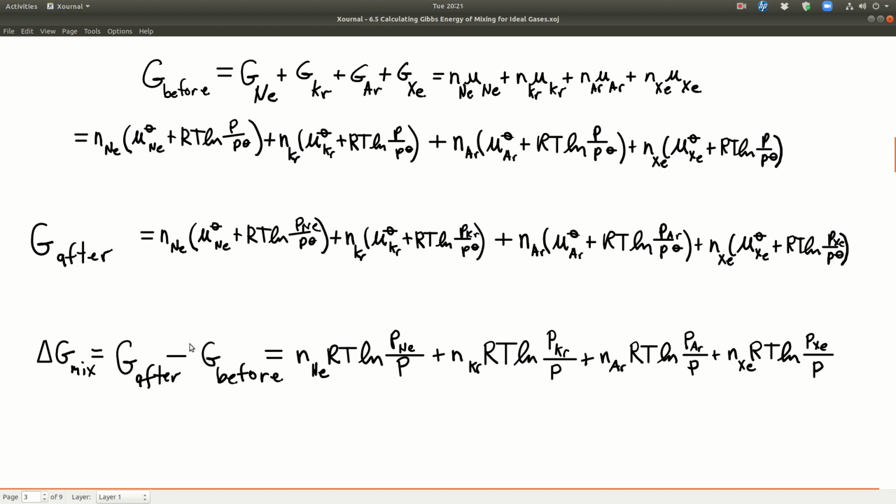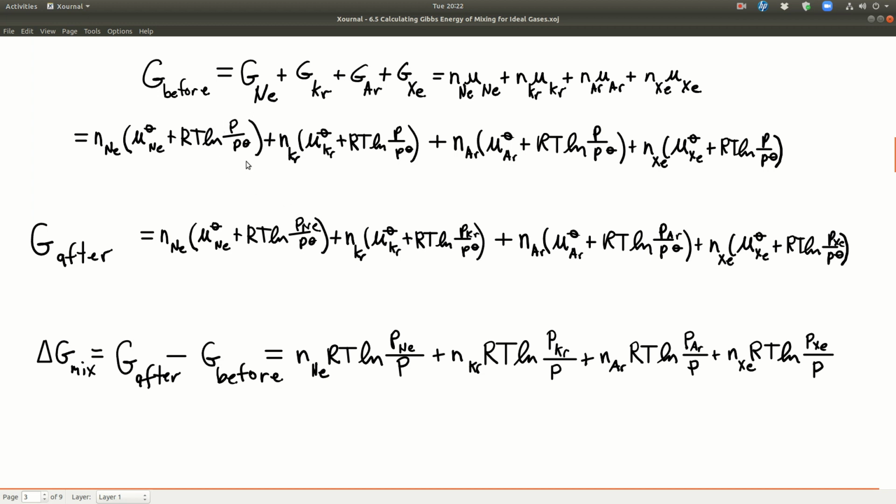Now, when we do the delta G of mixing, which is after minus before, the chemical potentials under standard conditions all cancel, they all go away, and what we get is this RT natural log term minus this one.